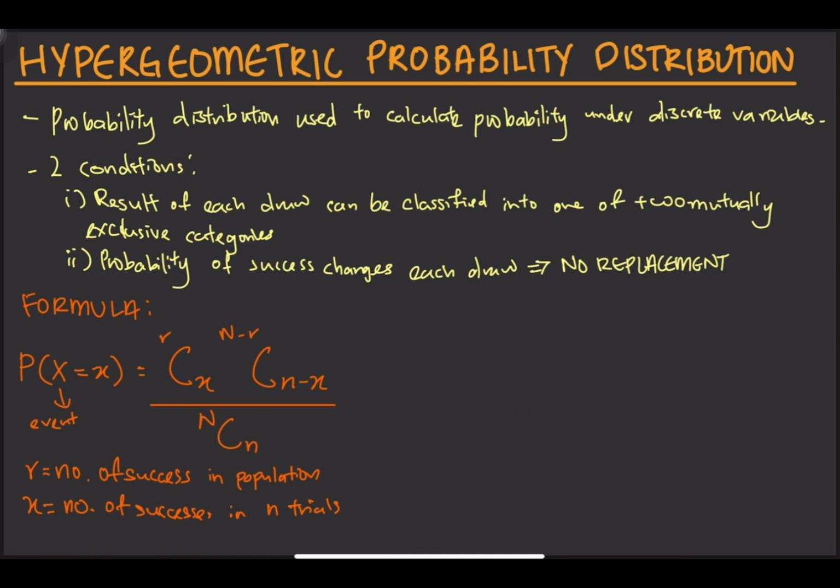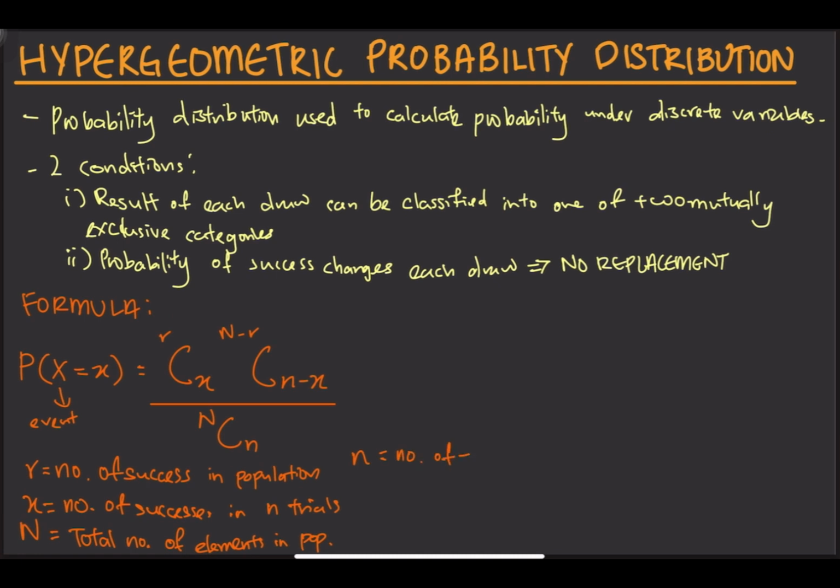Then capital N is the total number of elements in the population. We have 5 apples, so there are 5 elements. And the small n is equal to the number of trials. This means out of how many trials you want to find the probability of picking 2 green apples, for example. And this is the formula to find the probability.